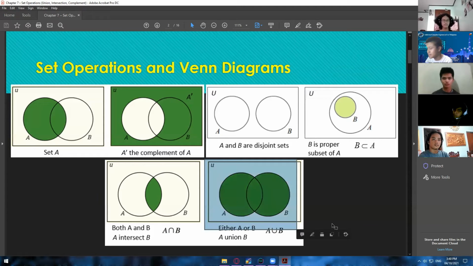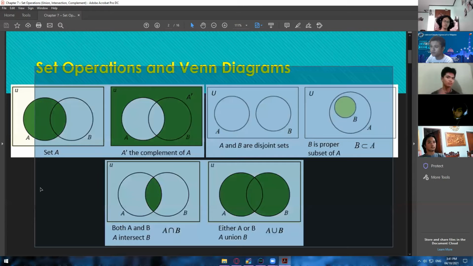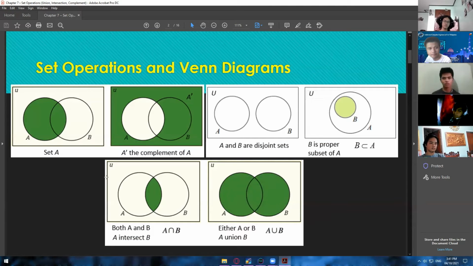And for the last one, either A or B, we read this as A union B, with the union symbol between A and B. Meaning we're trying to get all of the elements of A and B, or the distinct elements of A and B. So are we clear so far with these Venn diagrams? If you have a question, just let me know.